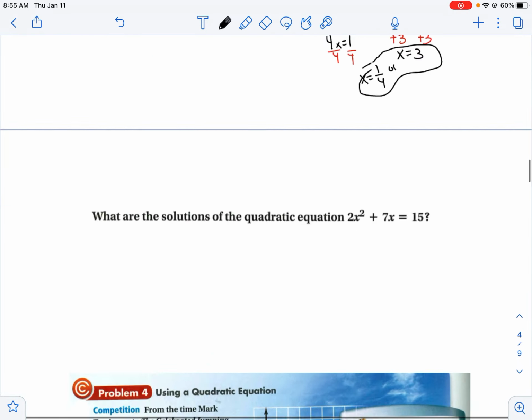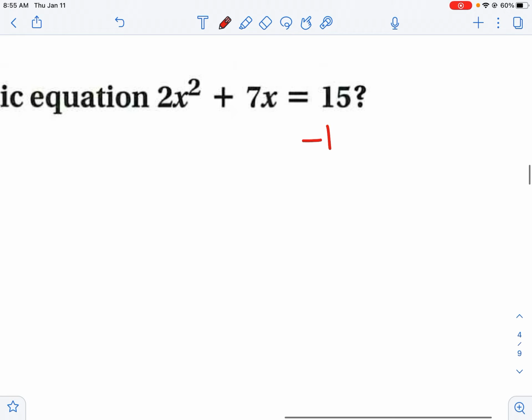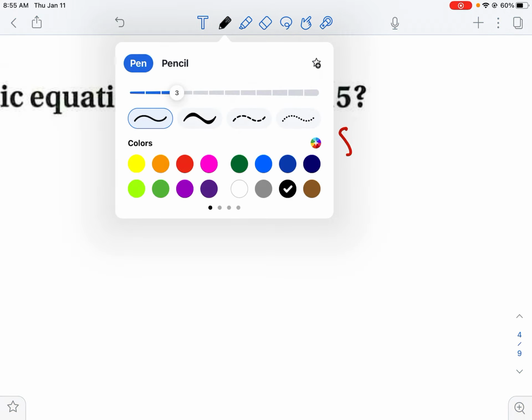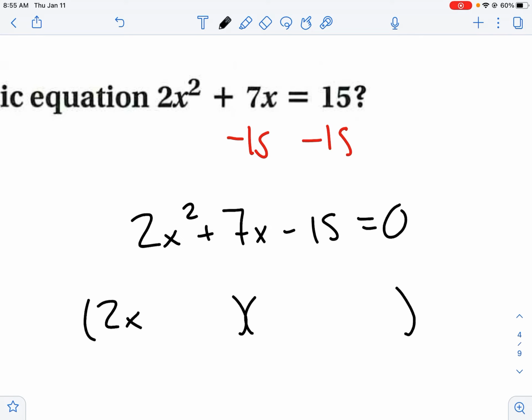All right, let me do one more, really quick. You've got 2x and x, and then in this case, you could choose 1 and 15. I don't think that's going to work. 3 and 5.